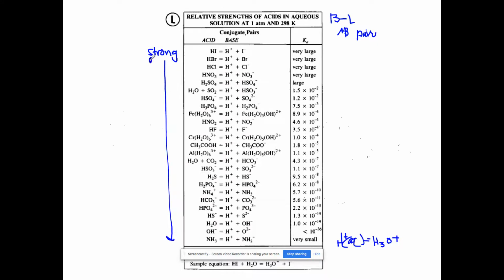So this is the strongest acid to the weakest acid. And look here, who's at the bottom? Ammonia. Wouldn't it make sense that ammonia is a weak acid? Because whoop, it's not an acid. Ammonia is a base.